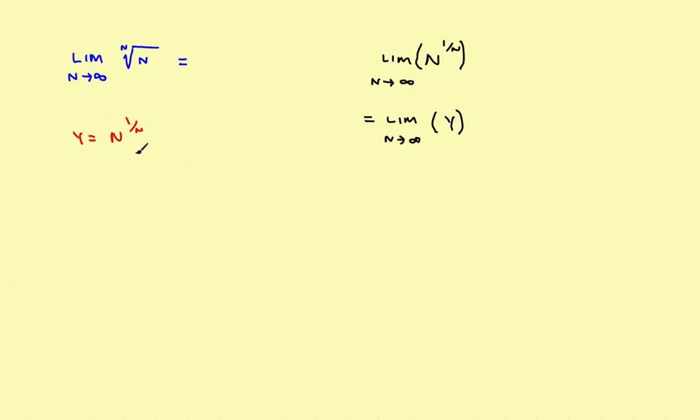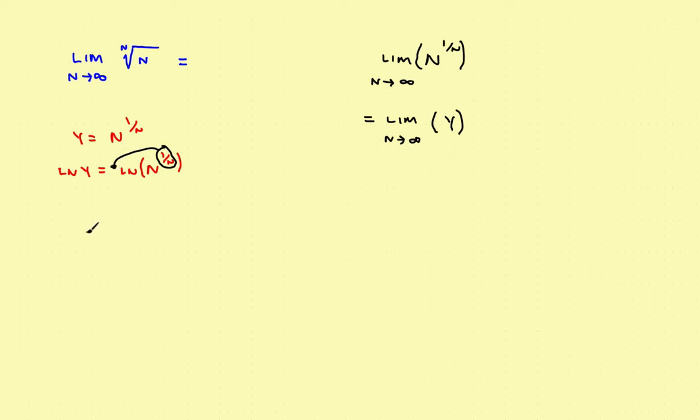So starting with this, and this is all just algebra tricks trying to get rid of this exponent. The best way to get rid of an exponent, of course, is logs. So I'm going to take the natural log of both sides. So the natural log of n to the 1 over n. Now what this allows you to do is, by taking the natural log, you can take this exponent and bring it down in front.